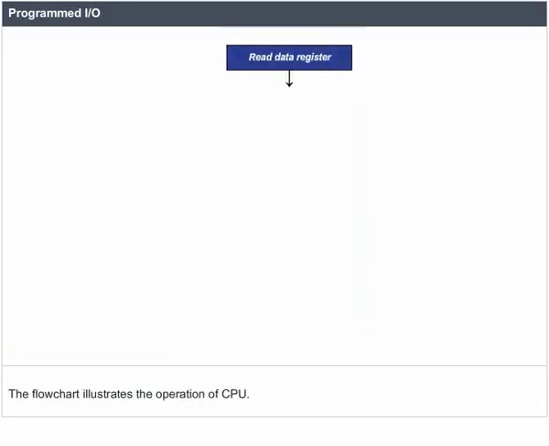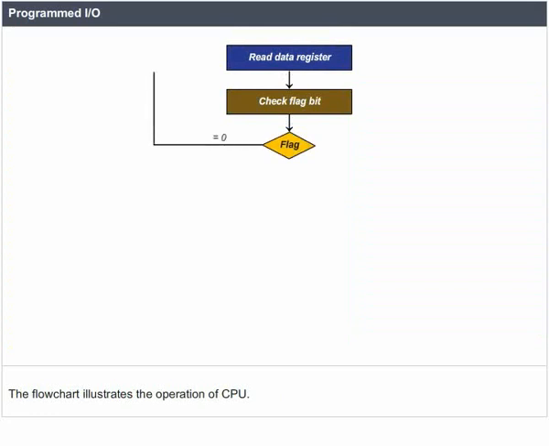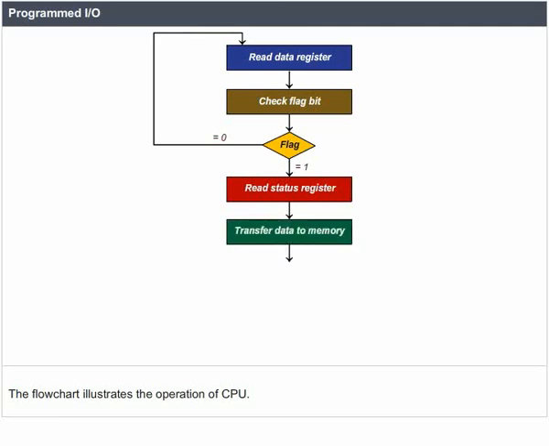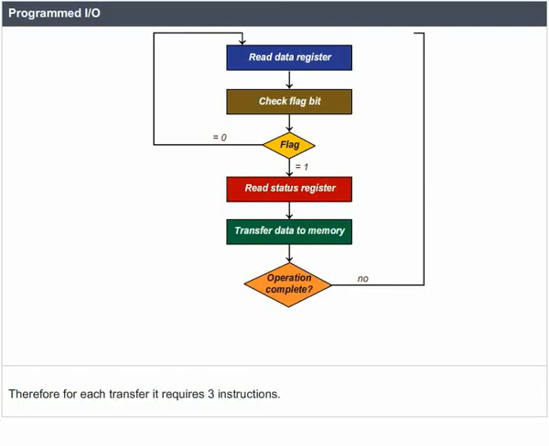The flowchart illustrates the operation of the CPU. Therefore, for each transfer, it requires 3 instructions.